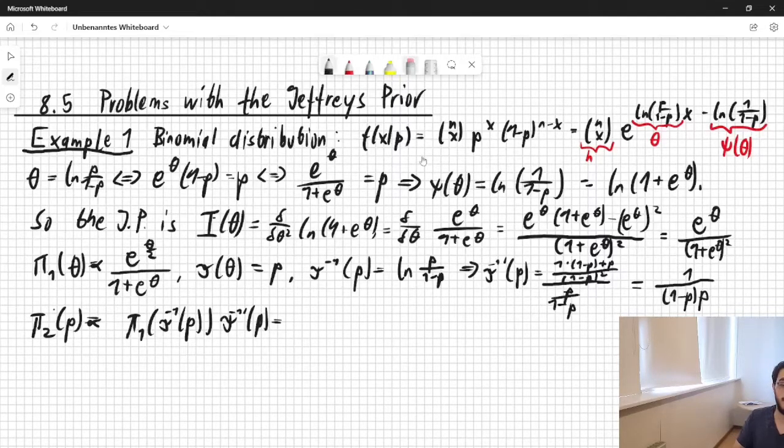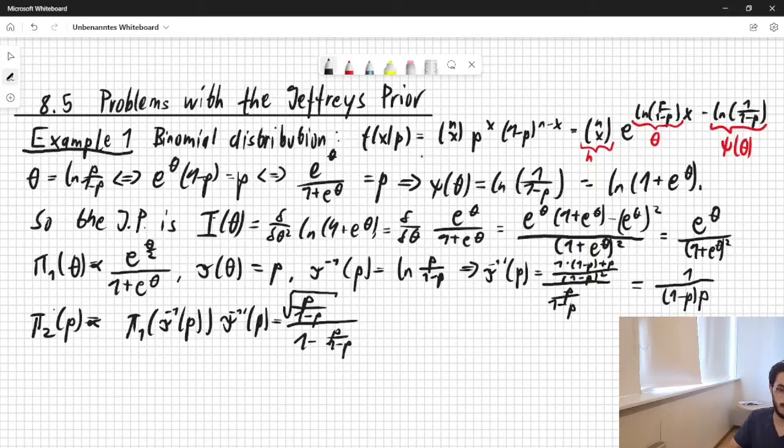If we plug this into the inverse, this is just the square root of p divided by 1 minus p divided by 1 plus p over 1 minus p.